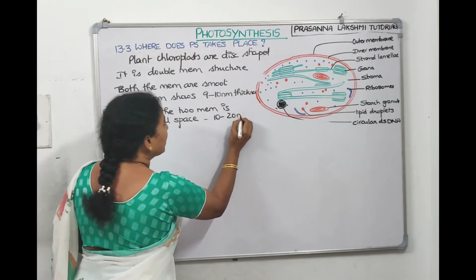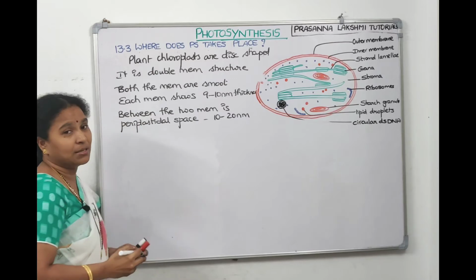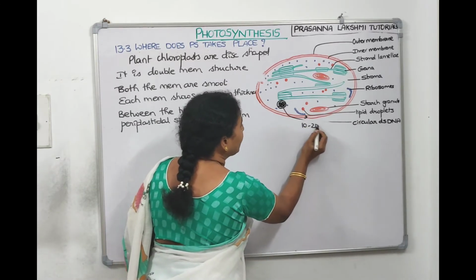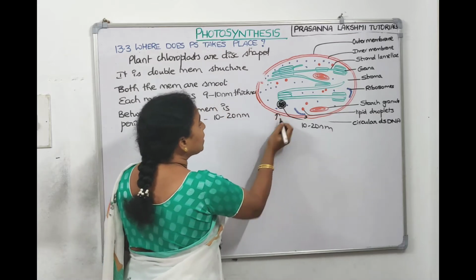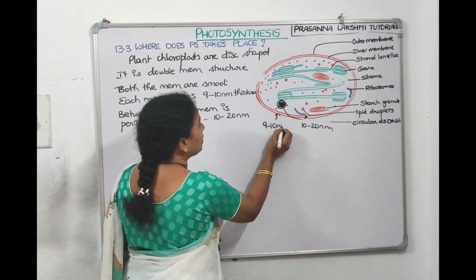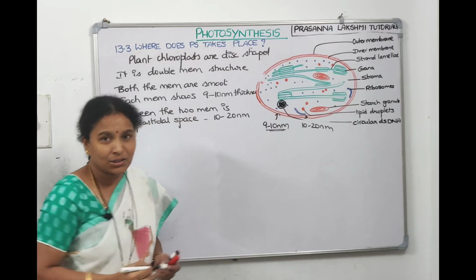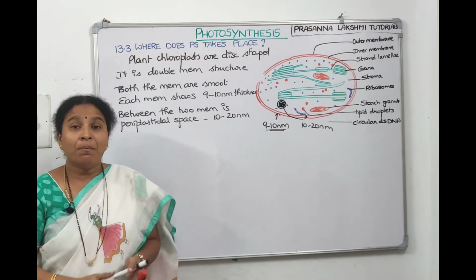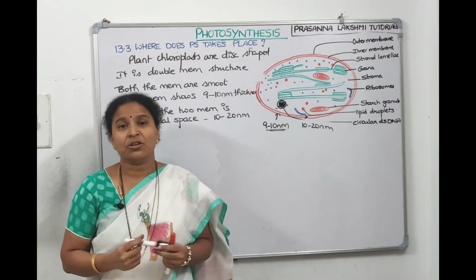It is 10 to 20 nanometers in diameter. The space between the two membranes is 10 to 20 nanometers in diameter and the thickness of each membrane is 9 to 10 nanometers. Understood, children? So chloroplast is a double membrane structure, and plant chloroplast is a disc-shaped structure.